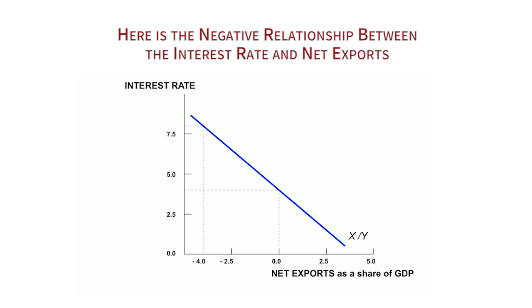When they're negative, then exports are less than imports. There's a trade deficit. When it's positive, it's a trade surplus. Exports, in that case, are greater than imports. And so we have this possibility of plus and minus numbers. But the logic that we just went through, the interest rate affecting net exports in this negative way, holds, and we're illustrating this in this simple picture.